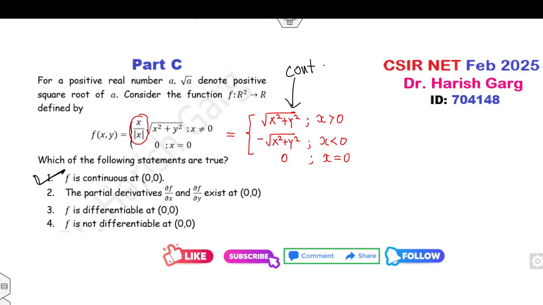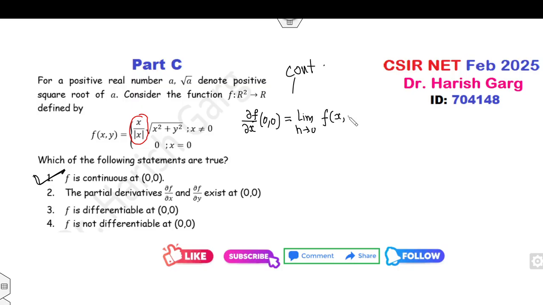Now whether it's differentiable or not. Firstly we can check the partial derivatives at 0 comma 0. That is the limit as h approaches 0 of f of h comma 0 minus f of 0 comma 0 divided by h. So this is the limit, with y equal to 0.